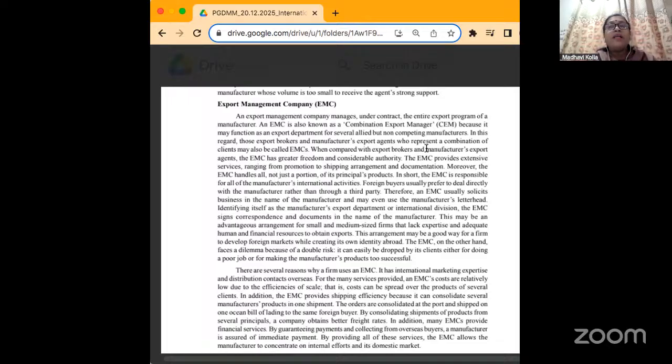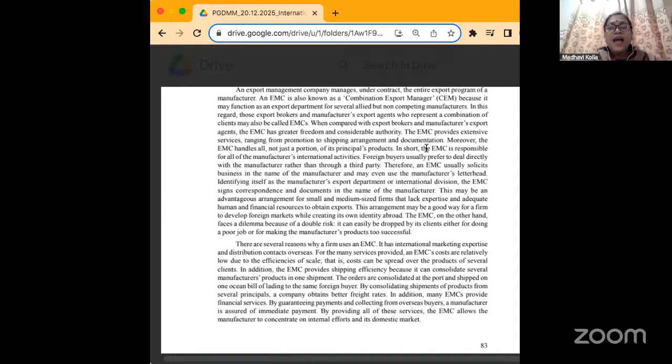For example, if one manufacturer is selling food products based on fruits and vegetables, and another manufacturer is selling products which are based on grains and cereals, then they're allied because they're both in a food industry. However, they're not competitors because they're not selling the same products.